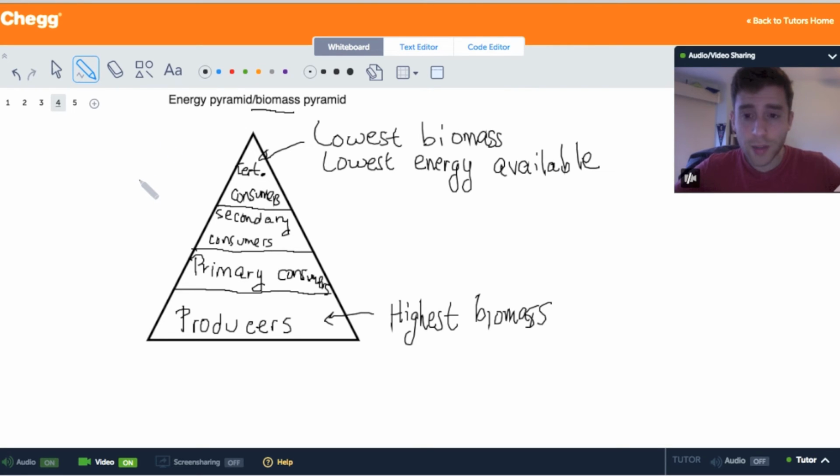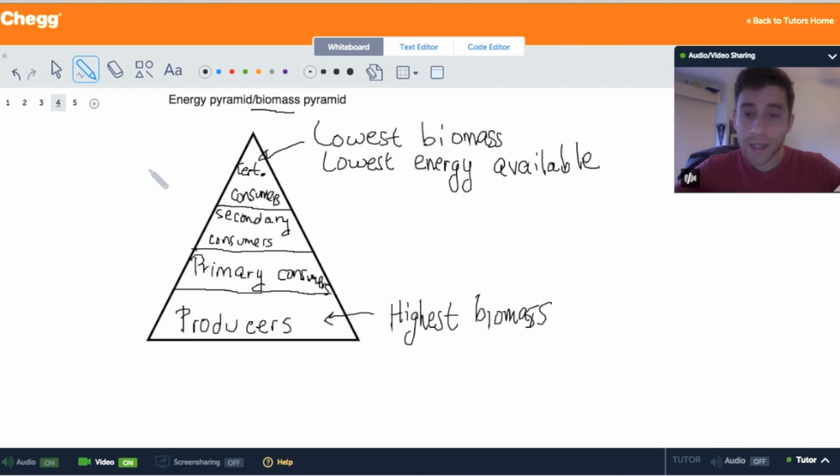So I want to point out something that's pretty important here. These energy flow diagrams and the energy pyramids, they're not always this simple, because a lot of species of animals are both herbivores and carnivores, which are called omnivores, like humans. Humans eat both meat and plants.